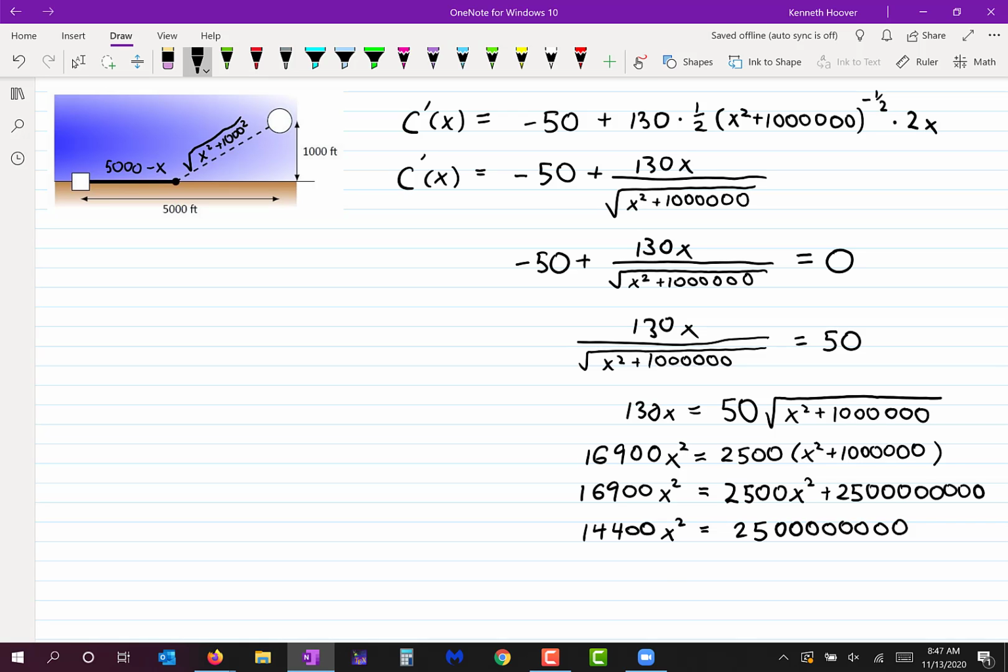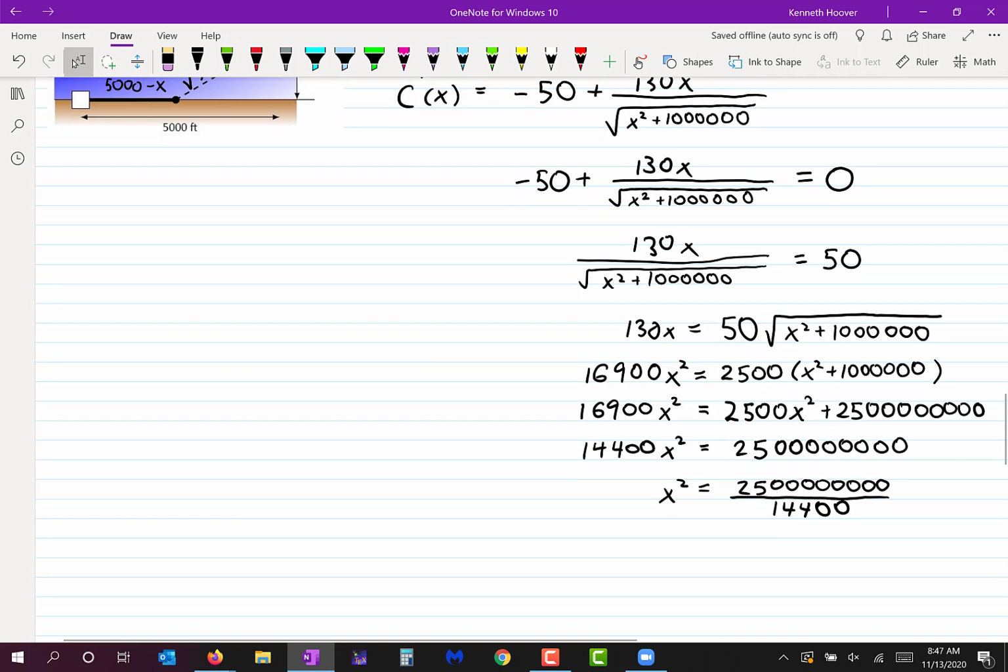So x squared equals this number divided by this number, so x would be the square root of that, which is going to be 50,000 on top, 120 on the bottom, and of course we can reduce that.